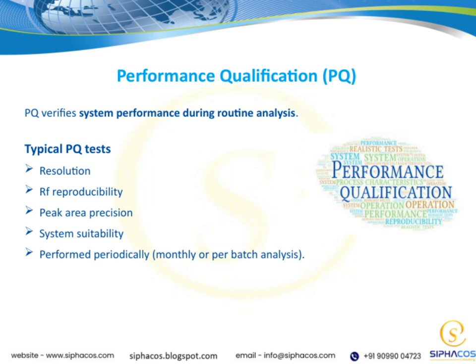We also perform system suitability tests to verify that the system is ready for analysis before starting. These tests are usually performed periodically, like monthly or with each batch analysis, to ensure ongoing performance. Overall, PQ helps us maintain confidence in our analytical system, supporting the reliability and integrity of our data over time.